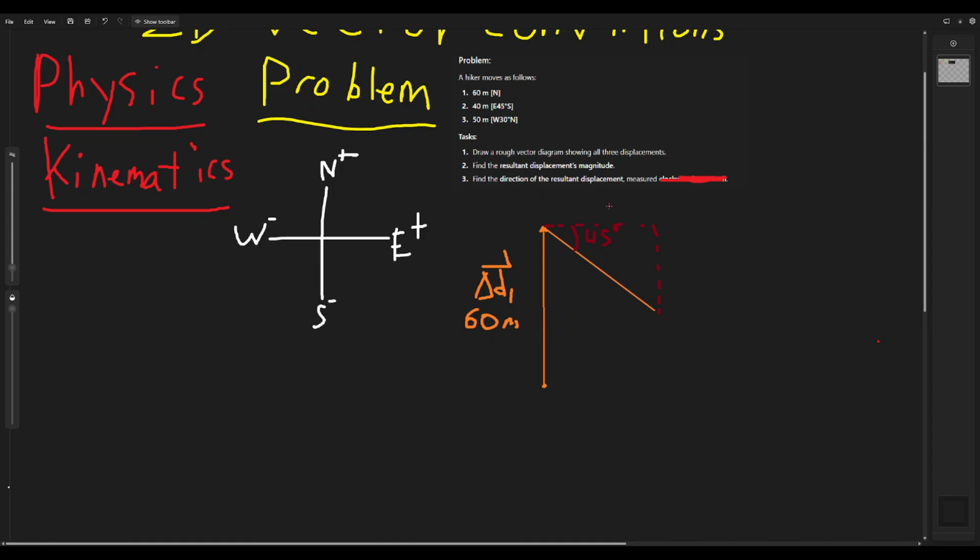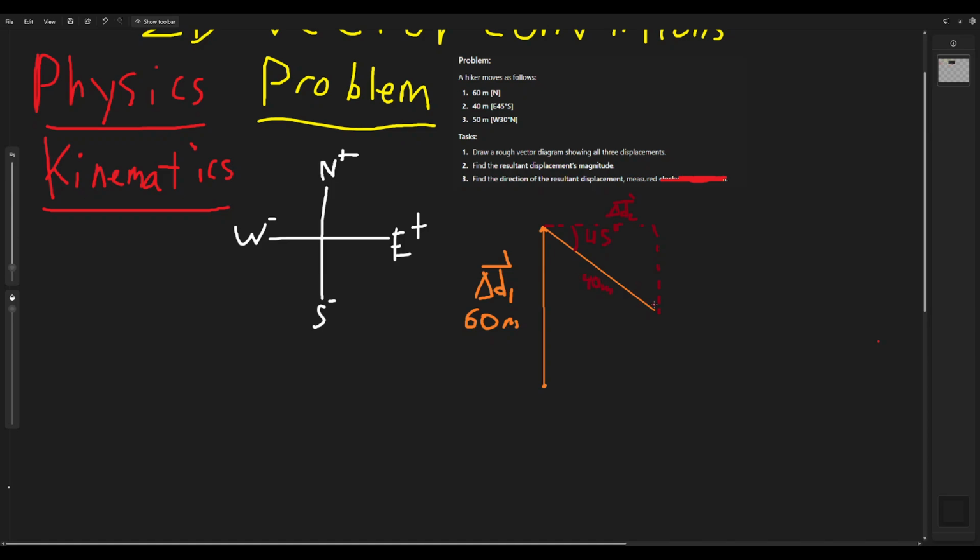And this is displacement 2. And this line right here, which is the hypotenuse, is 40 meters.